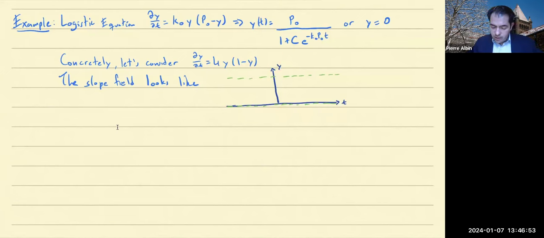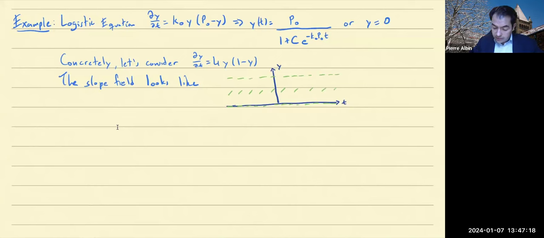Let's see, if y is right in the middle here, let's say y is equal to 1/2, then this would be 1/2, this would be 1/2, multiply them together, you get 1/4, multiply by 4, you get 1. So right in the middle, we're going to have slope equal to 1. Right?